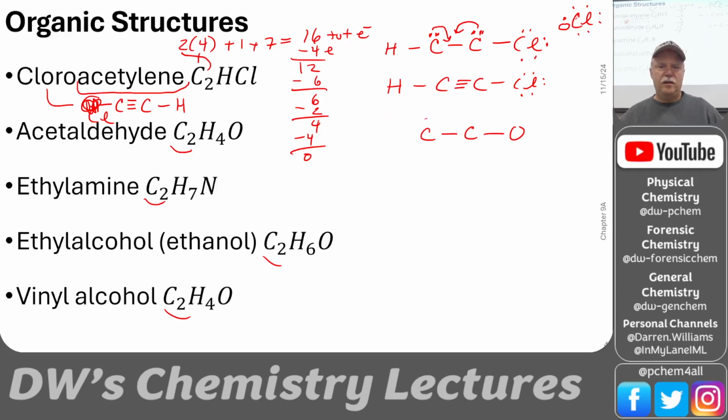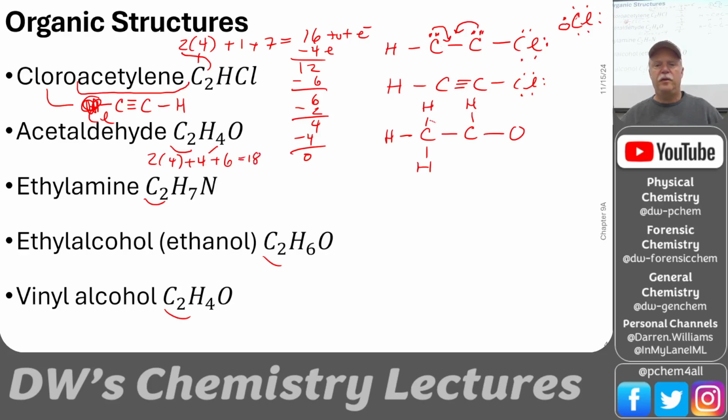Let's put 3 on here and 1 here, and we're out of hydrogens. There's our 4 hydrogens, and let's count our valence electrons. We had 2 times 4 for the carbon, plus 4 for the hydrogens, plus 6 for the oxygen. So that's 10, 18.